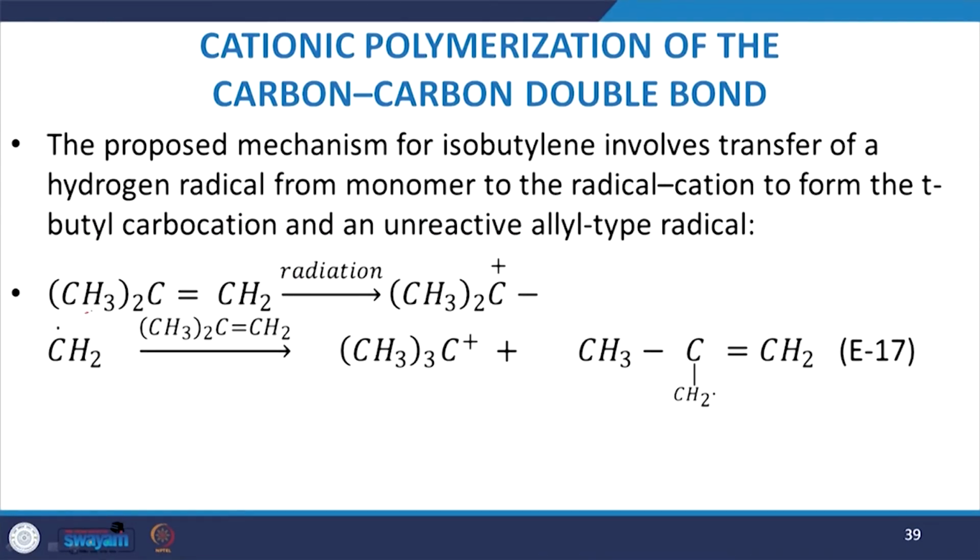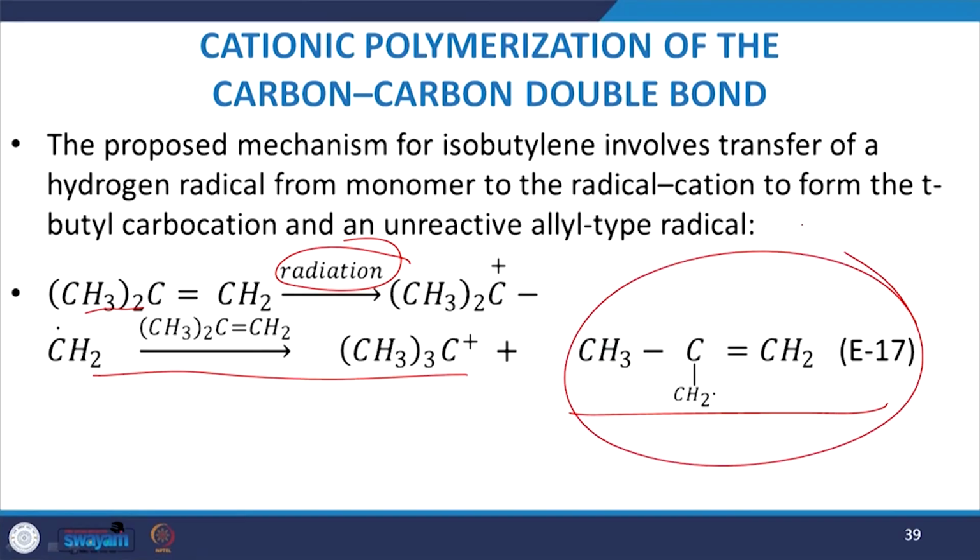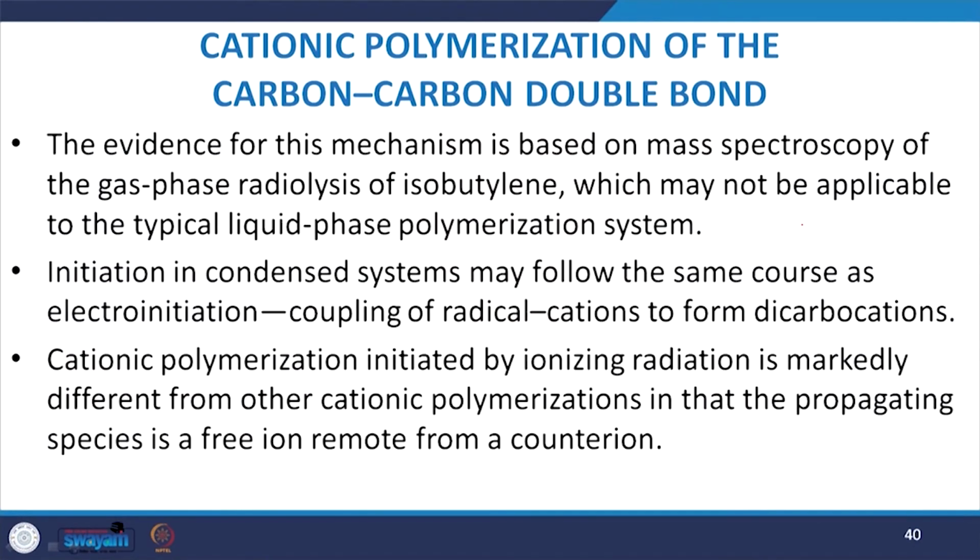The proposed mechanism of isobutylene involves the transfer of a hydrogen radical from monomer to the radical cation to form the tertiary butyl carbocation and unreactive allyl type radicals. You can see here that this is with the help of radiation, and these are the reaction products we are discussing, where the allyl type species are practically inactive.